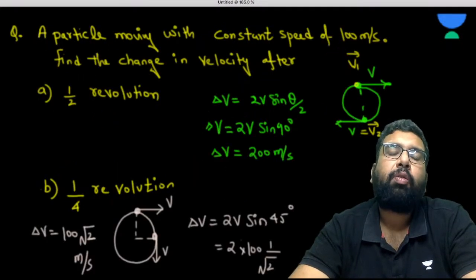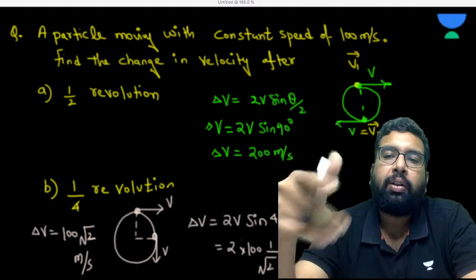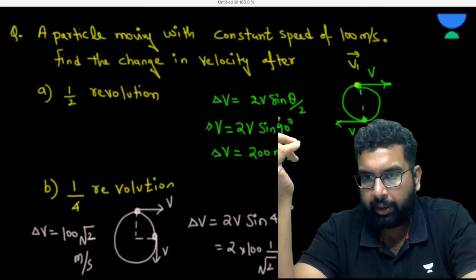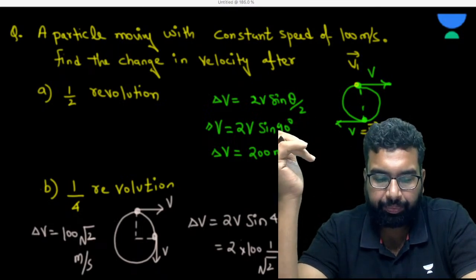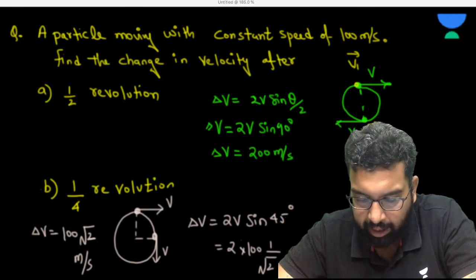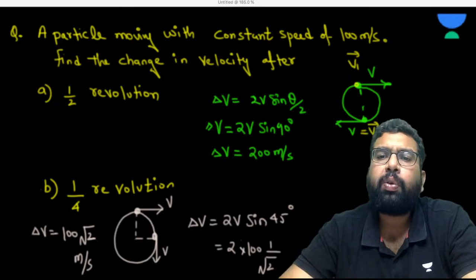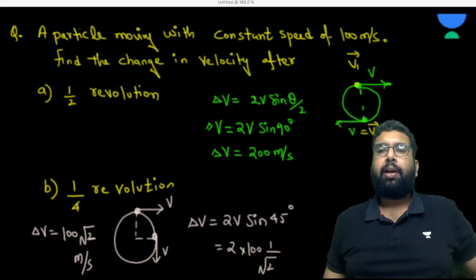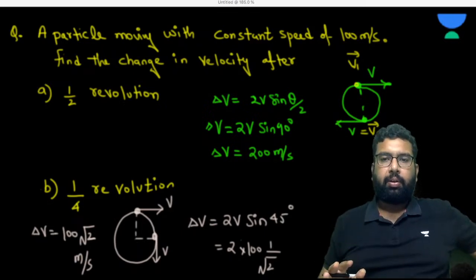Half revolution is 1 by 2 of 360. Same way everywhere, 1/4 of a revolution is 1 by 4th of 360 degrees. Did you get it or not?